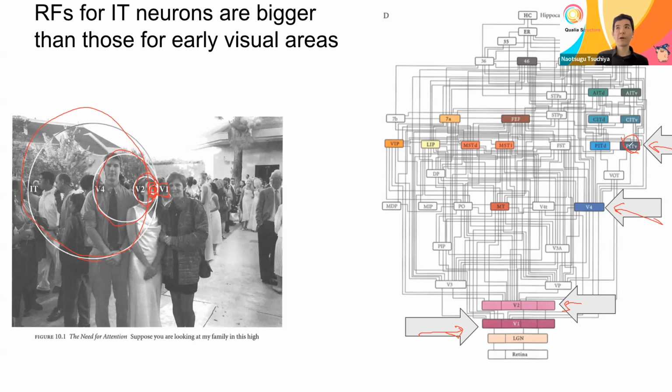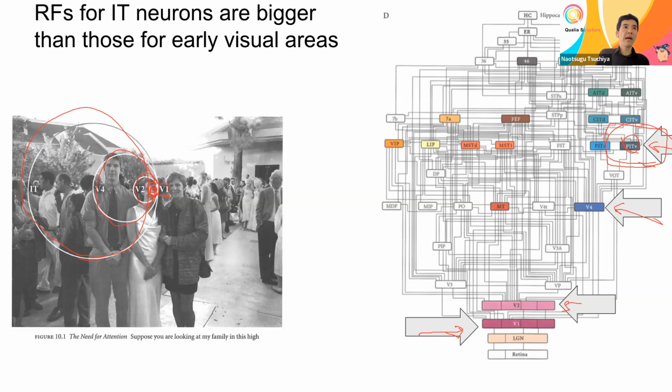For example, at the level of IT, you start to find neurons that respond only to the face, but not other things. For that, you probably need some combination of the features that makes up the face and not others. And that brings us to IT's face selective neurons.